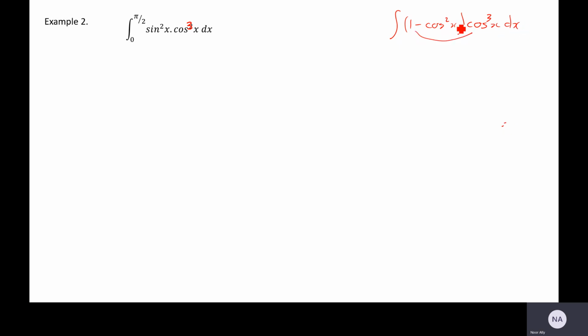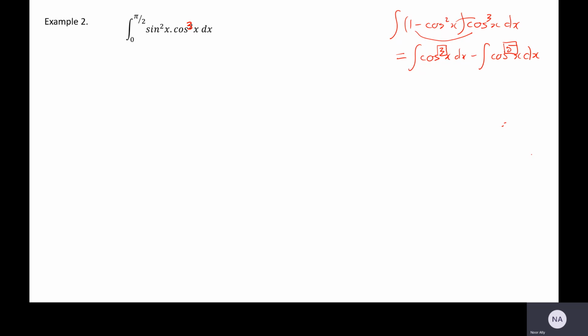And then I multiplied out, and I get the integral of cos cubed of x dx minus the integral of cos to the power 5x dx. I certainly can do this the long way. Then I will use, in both cases, the odd power rule. Once again, I hope no one is tempted.